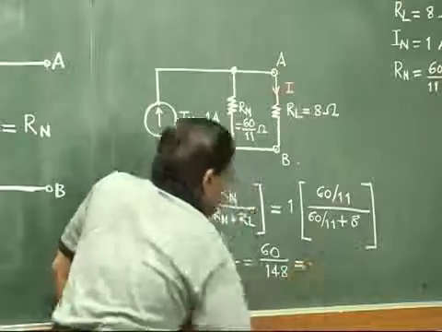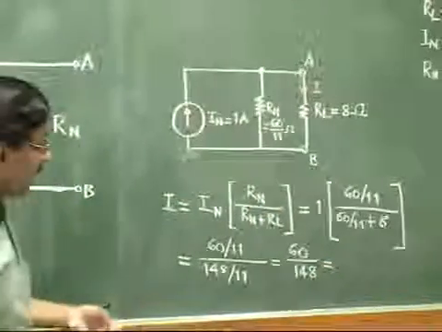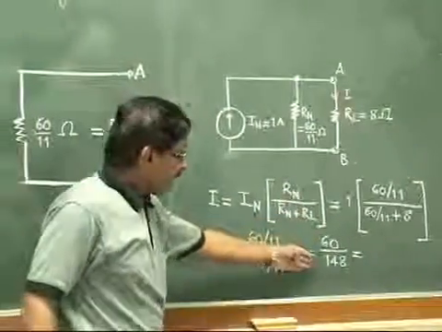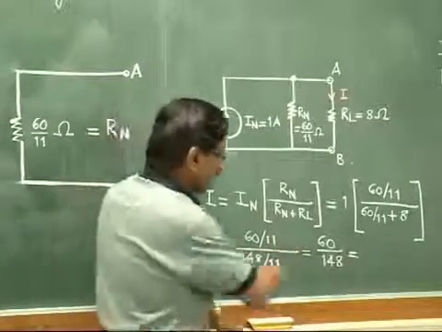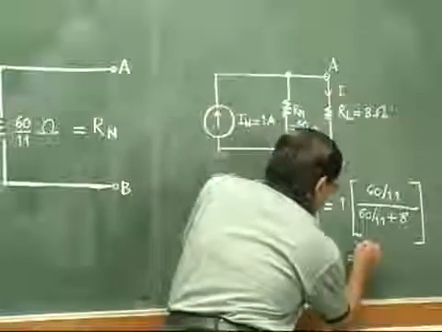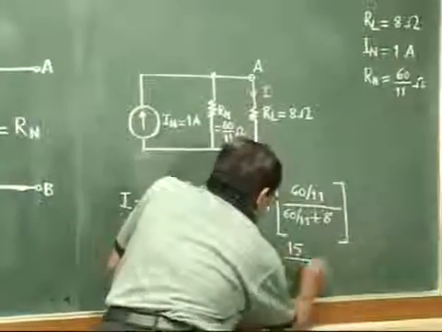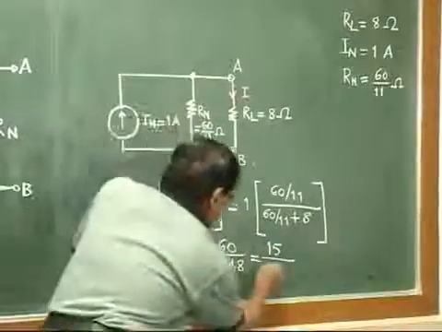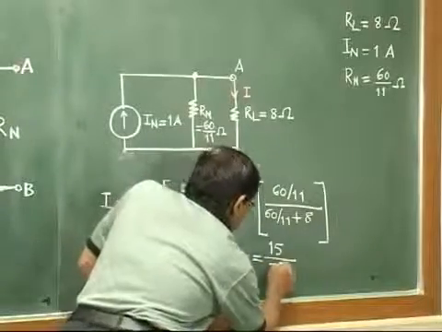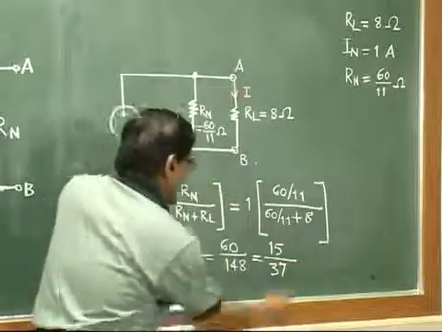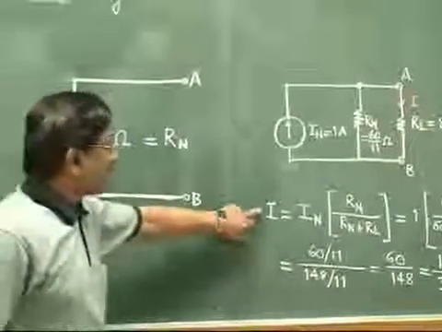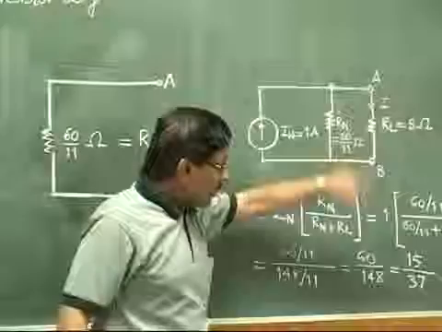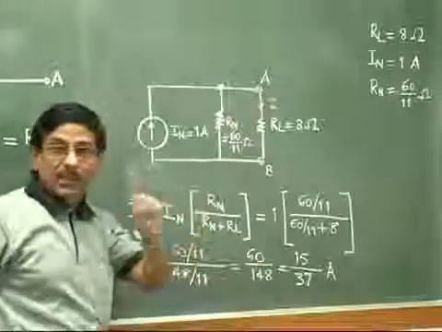If we just make it simpler, we can divide both numerator and denominator by some common factor, say 4. So if we divide 60 by 4, it will be 15. And in the denominator, it will be 37. Okay. So this is the final answer. So what answer have we got? The current in the given load resistor must be equal to 15/37 ampere.